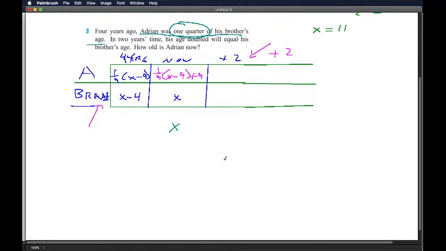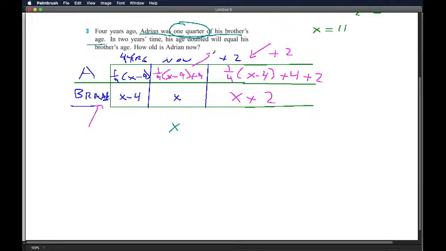All right, anyone else got the future thingy? Should I write my answer down to check? I mean, the bro is easy. It's just X plus 2, isn't it? And then now you can do the future thing for this guy. It's a quarter times X minus 4 plus 4 plus 2.